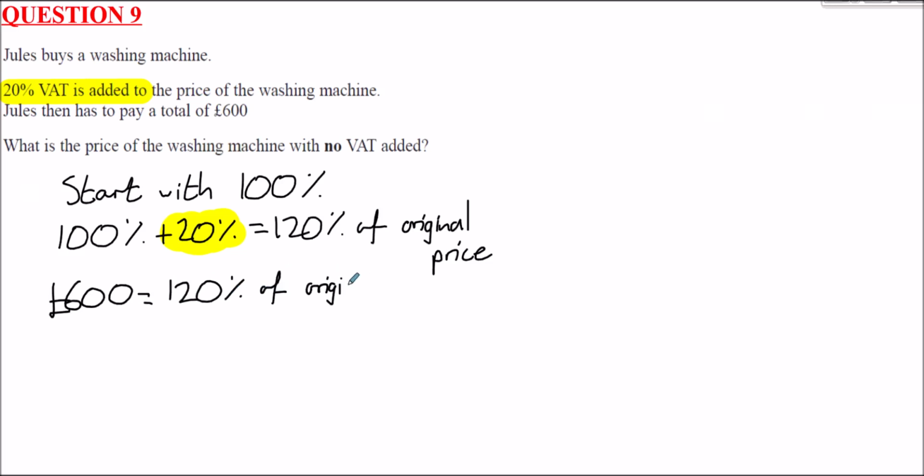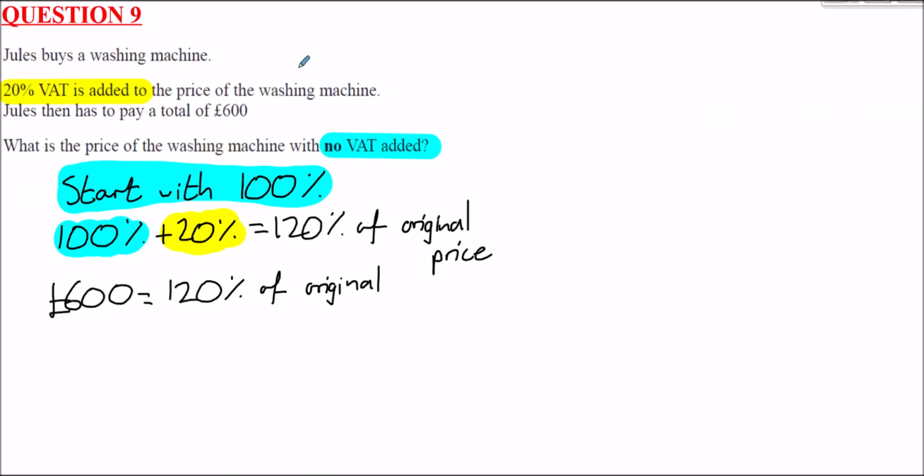Now we want to find out what the price was with no VAT added. The price with no VAT added is the starting price for 100%. So we want to work out what 100% is. So far we know what 120% is. So now we need to think in terms of percentage parts. How can we go from 120% down to our target of 100%? Now there's a few ways of doing this.